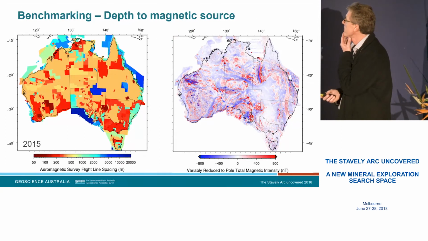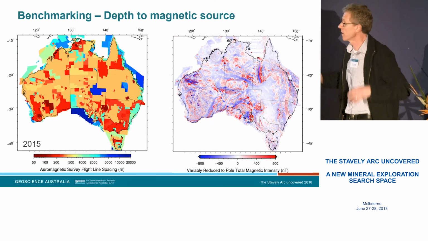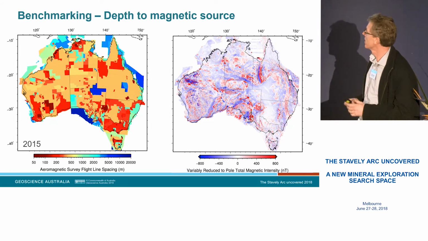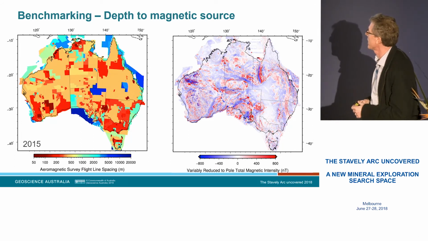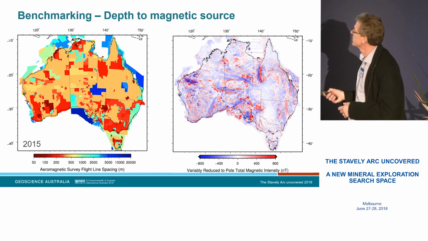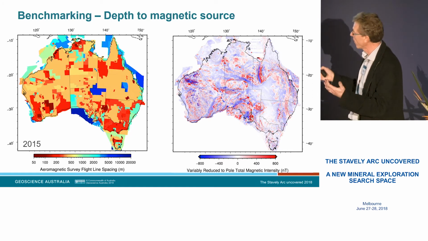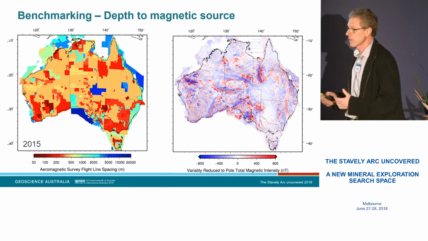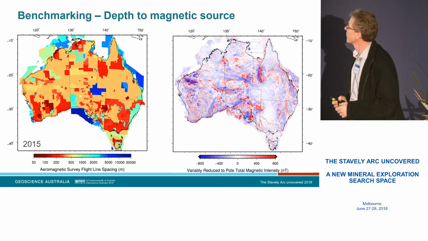Okay, so moving on to this benchmarking. So now we're looking at a larger region, say basin scale, cover thickness estimation. And again, I'm showing this image again, basically the flight line spacing across Australia, just to highlight that, you know, Australia has the best coverage of magnetic data in the world.